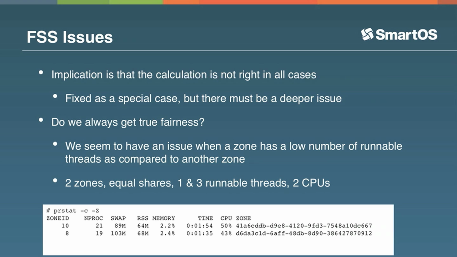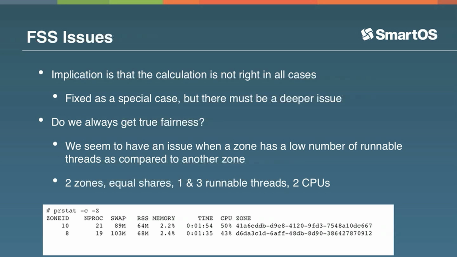In this simple example here, I just have 2 zones with the same amount of shares, and 1 thread and 3 threads. I would expect to see pretty close to 50% coming out on each zone, but in fact, the zone that has only 1 runnable thread is always getting a lower percentage of CPU.